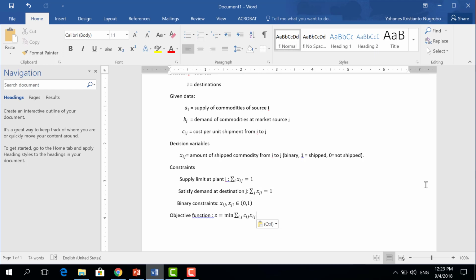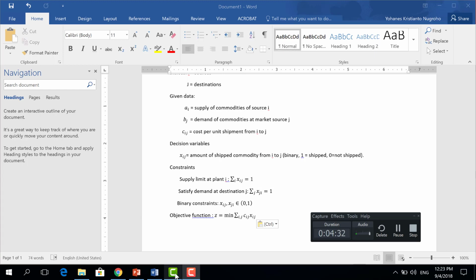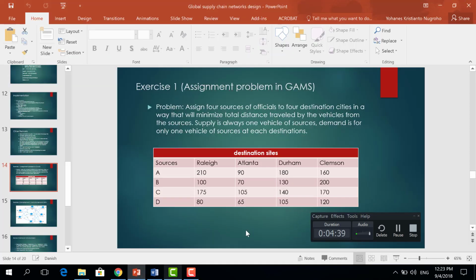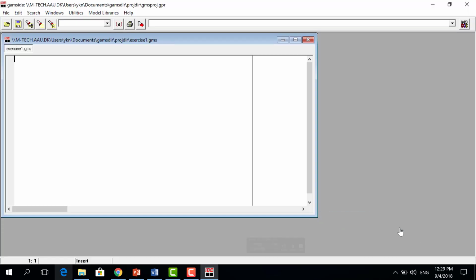And therefore, the objective function is to minimize the total cost of shipping from I to J. Here we have CIJ, the shipping cost from a certain I to a certain J. Yeah, that's the overall objective of this assignment problem.